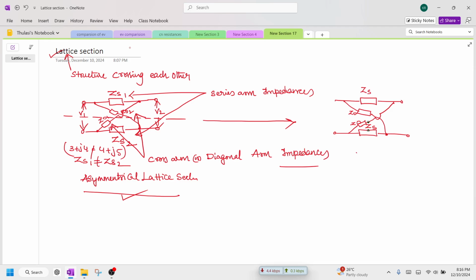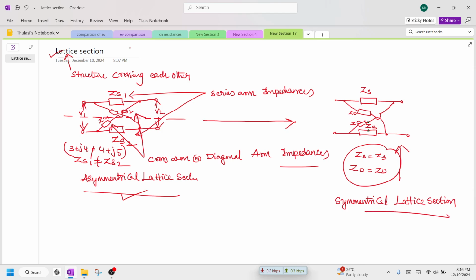So the series arms ZS equal ZS, and the diagonal arms ZD are also the same. I can call this kind of network a symmetrical lattice section. This is how to write down symmetrical and unsymmetrical lattice networks.